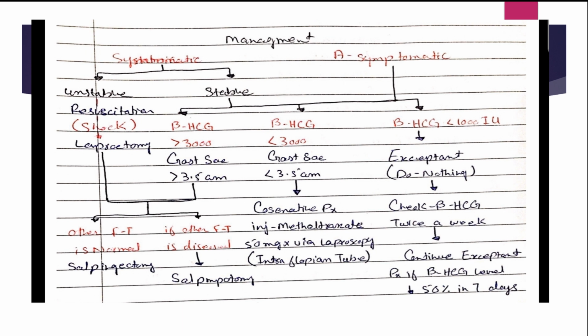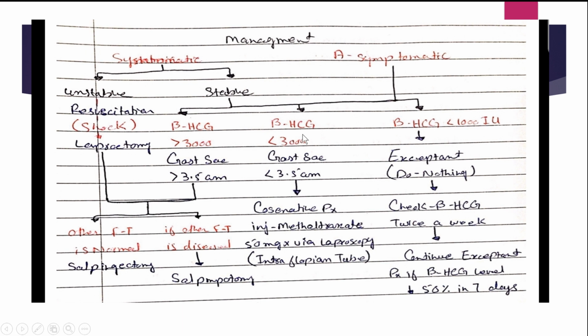Why don't you just go for salpingostomy? You would be able to save the fallopian tube. But no. Why? Because we already read in the etiologies that tubal surgeries and tubal reconstructions are the strongest risk factor for ectopic pregnancy. So that's why you have to go for salpingectomy. Okay.